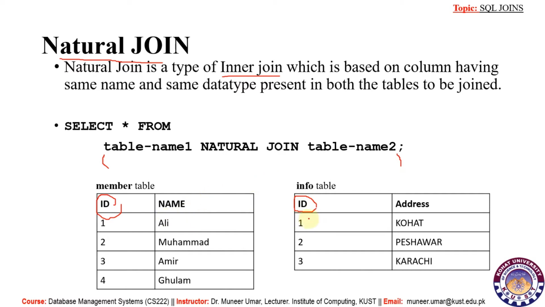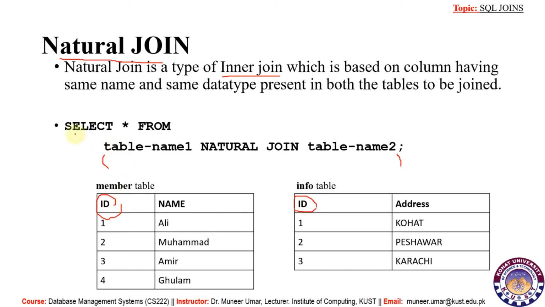Now consider these two tables. Here we have a primary key, this one is also a primary key, and these two are connected, so both have the same data type. Data type is int and their names are also the same, so in such a case there is no need to specify their equality or check for equality of both the attributes.